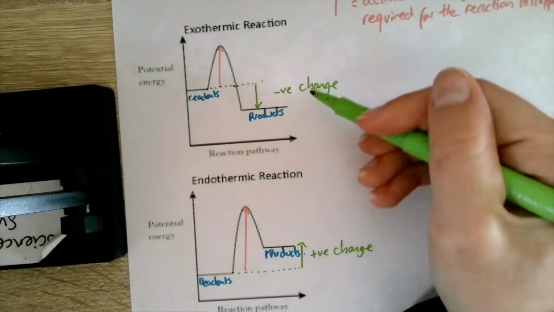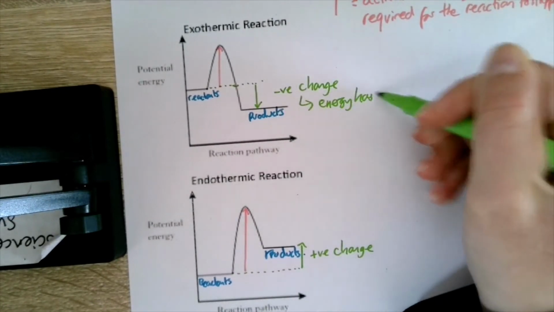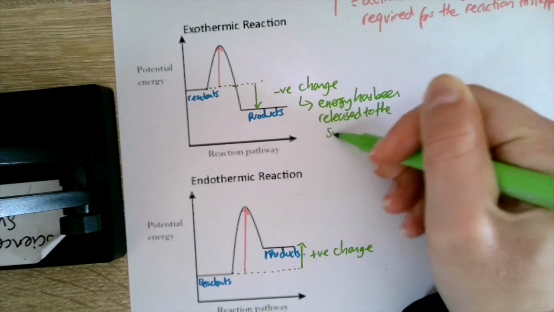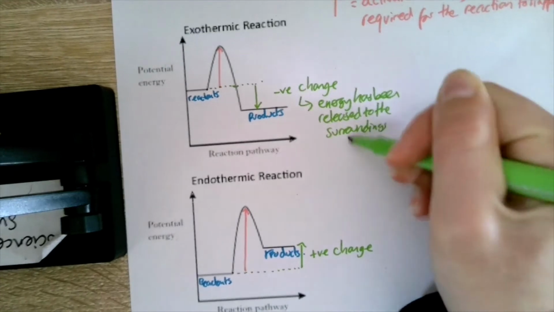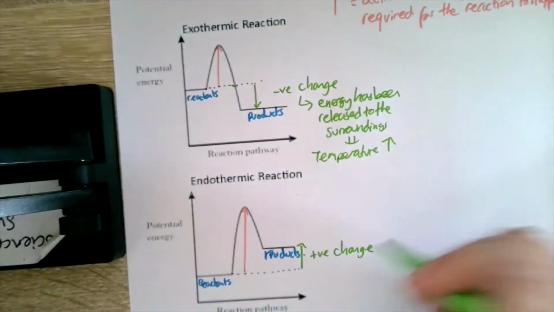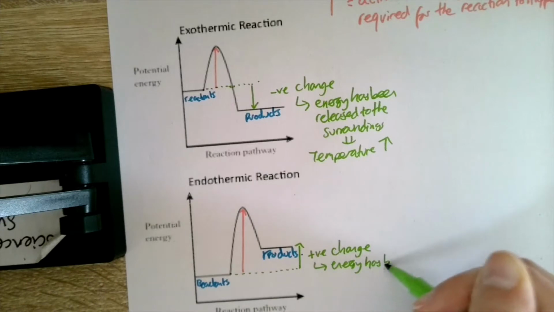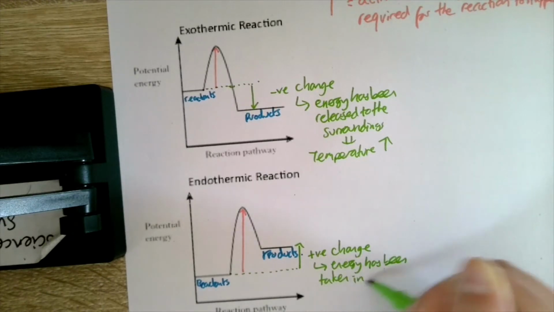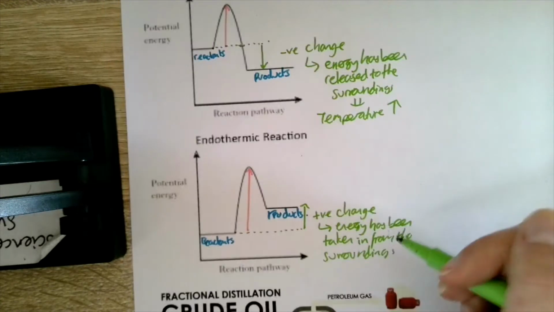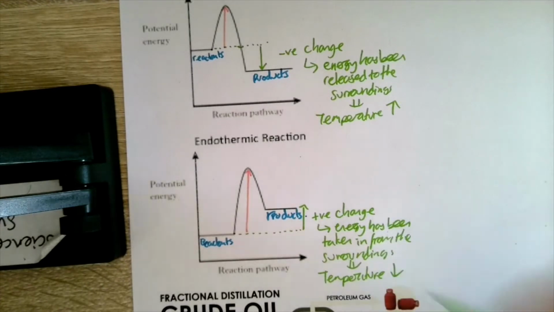So as this is a negative change, it means that energy has been released to the surroundings, and therefore the temperature of our reaction mixture would increase, whereas here we've got a positive change, so energy has been taken in from the surroundings, and as it's been taken in, that's going to mean that the temperature of our reaction mixture is going to have decreased.